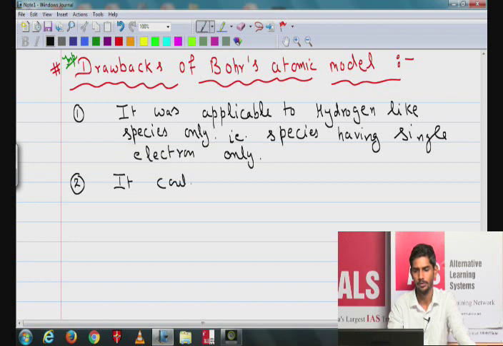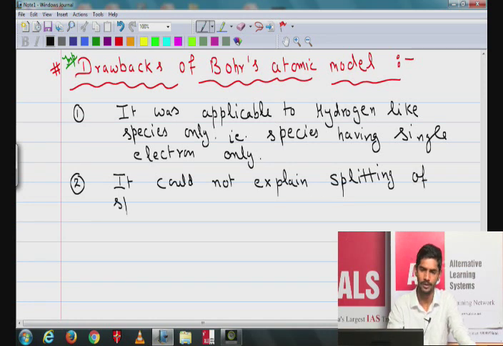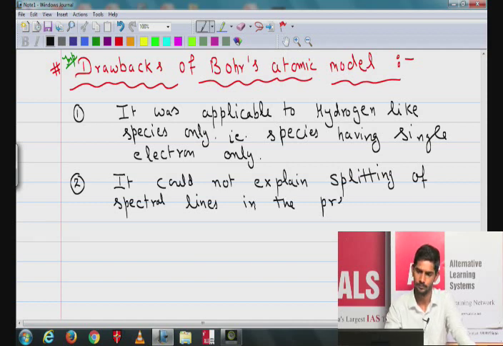It could not explain the splitting of spectral lines in the presence of an electric field.